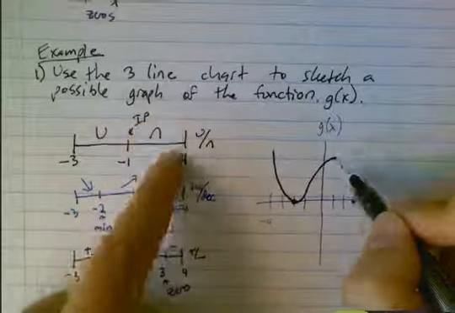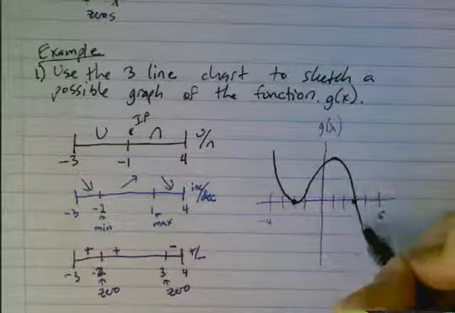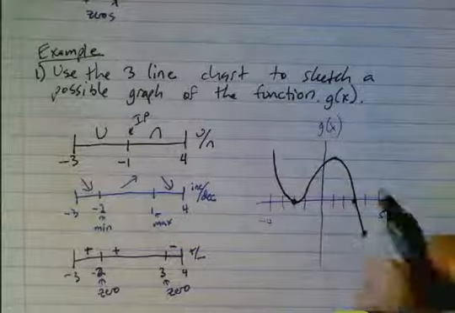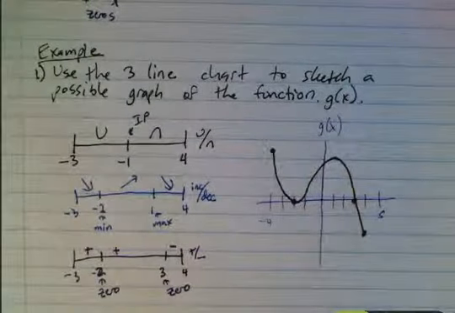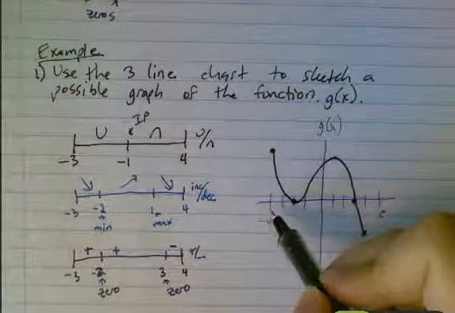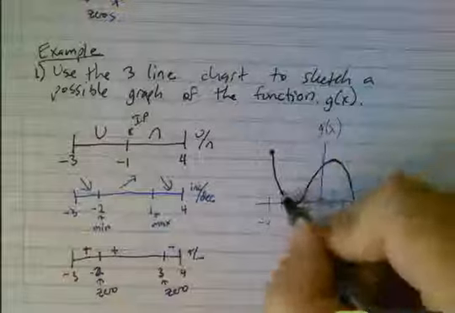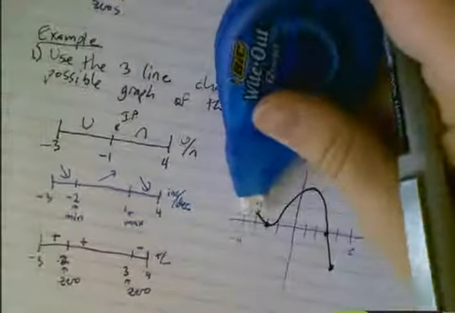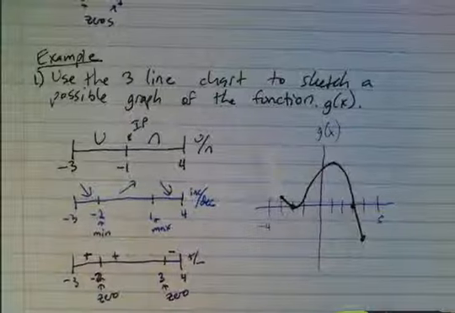And then we've got a dome shape going down until 4. Oops, excuse me, my bad. This should end at -3, so that means it really ought to be ending there. Like so.